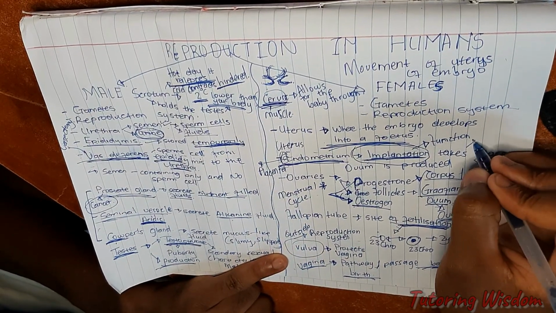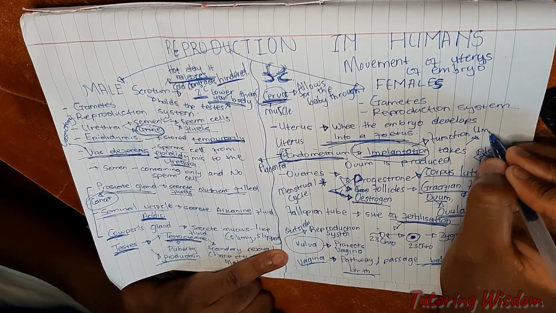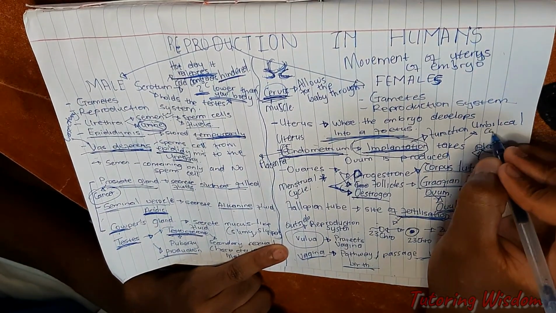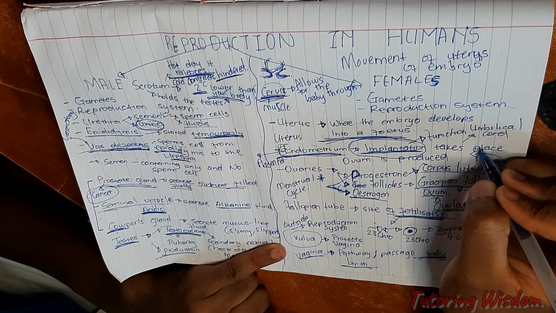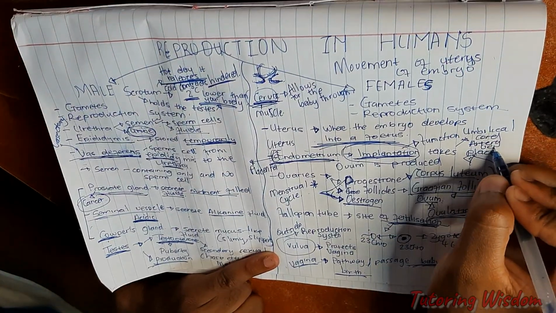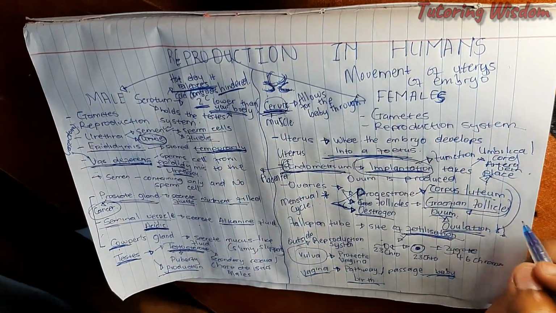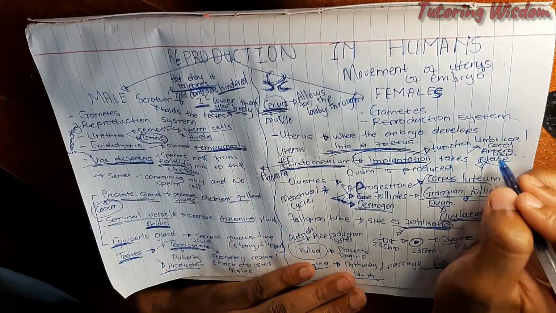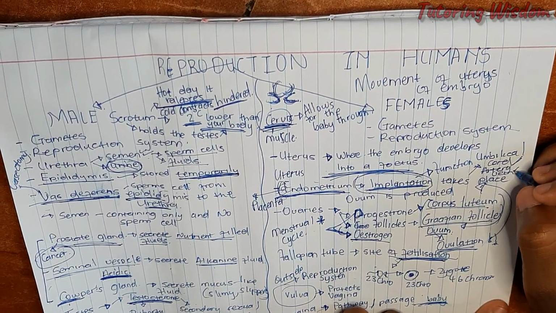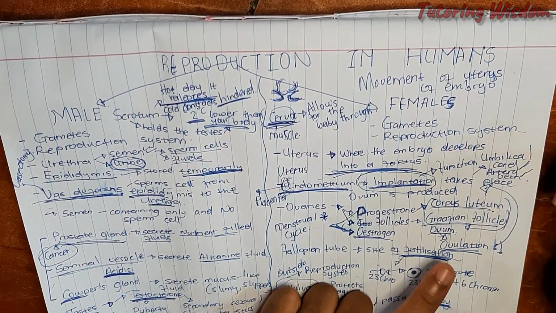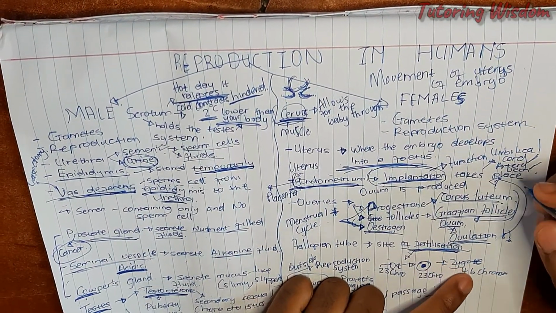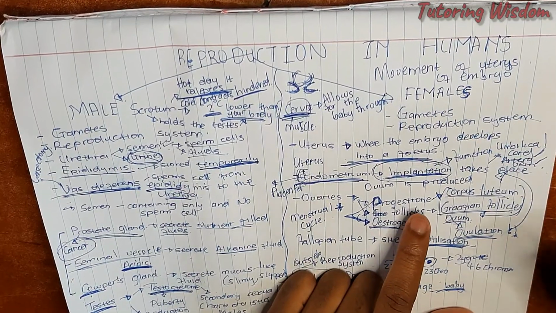We also have to look at the formation of your umbilical cord. You should know the artery and its function, and the vein and its function. Those are the important parts on the umbilical cord. Just know the function of your umbilical artery and the function of your umbilical vein. You have to know whether one transports or releases waste and nitrogenous waste.